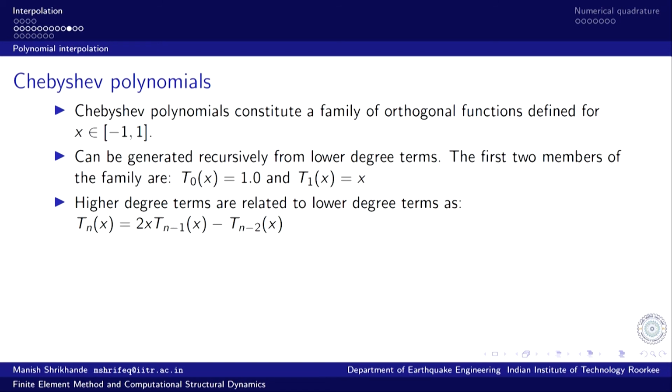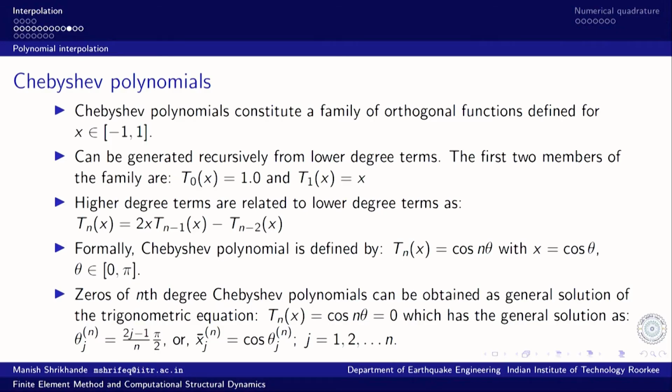Higher degree terms are related to the two preceding lower degree terms as T n equals twice x T n minus 1 minus T n minus 2. A Chebyshev polynomial has its own theory and very interesting development, but that is not of much interest for our purpose as far as the location of nodes of interpolation is concerned.